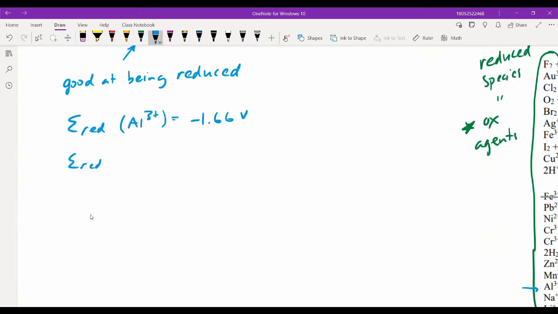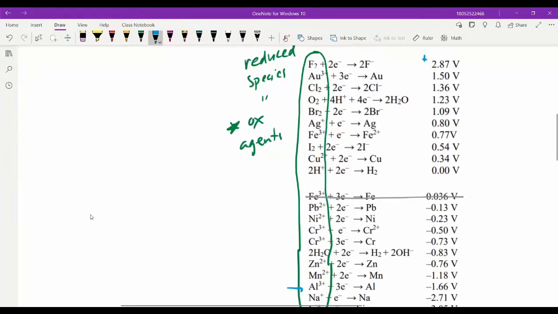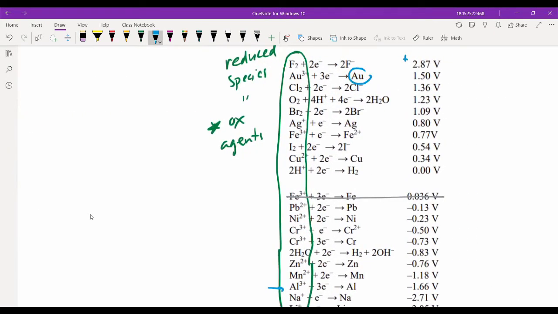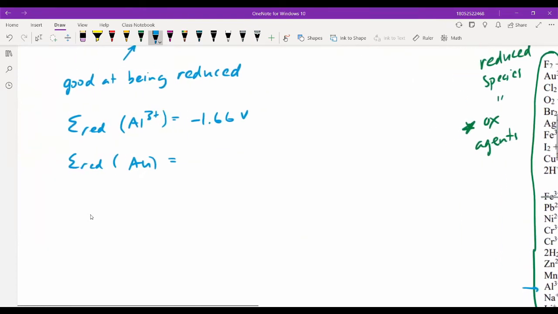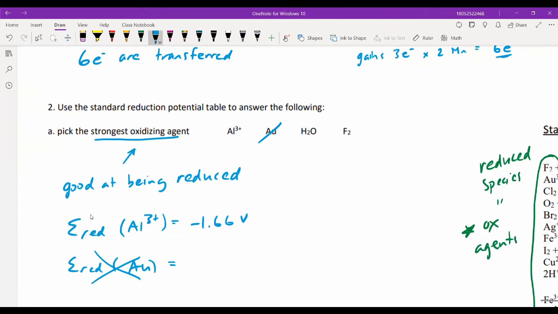The reduction potential of gold, well, the problem with gold is that gold metal is actually on the wrong side. Gold 3+ would be able to be reduced, but gold metal is not an oxidizing agent. So that's where you have to be careful. This is wrong, right? So basically, I'm going to cross this off.